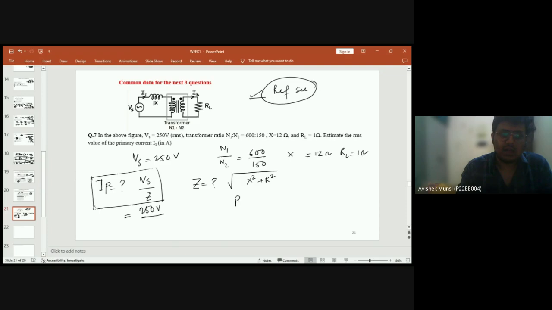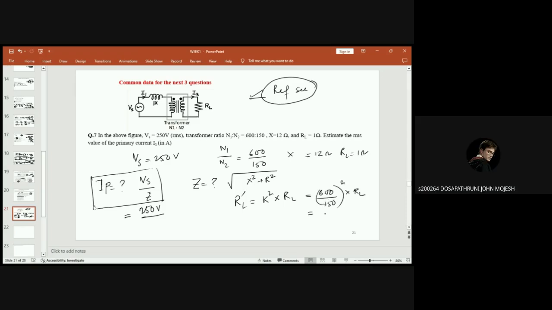That is, RL dash is equal to k square into RL. K is 600 by 150, square, into RL. So what will be this? 4. 4 square, right? So 16.